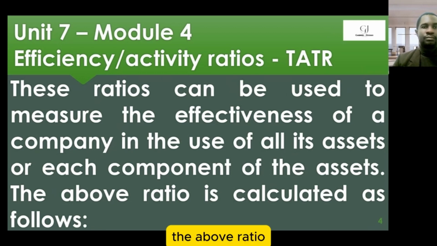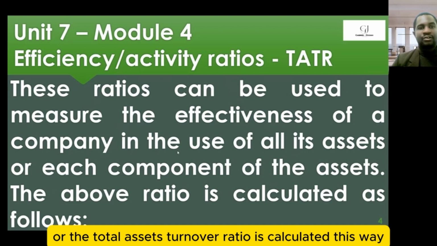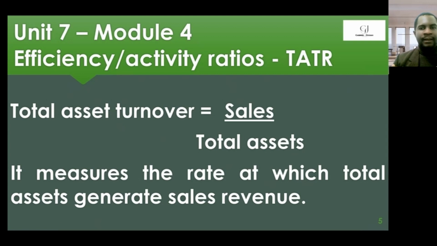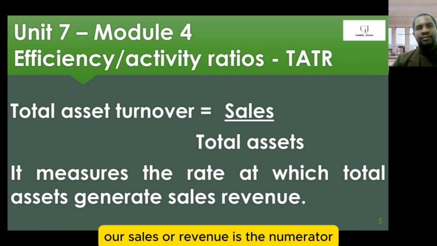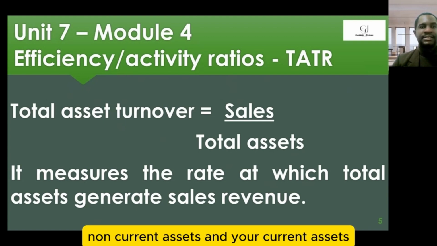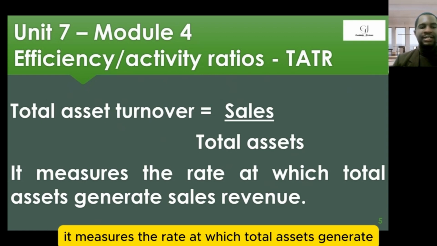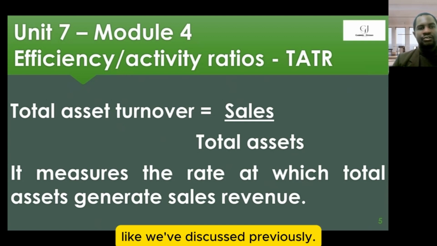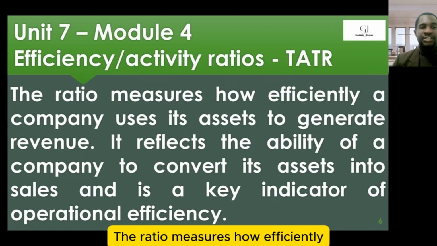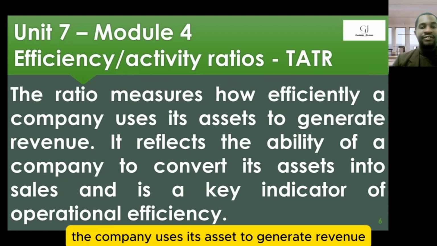The total asset turnover ratio is calculated this way: our sales or revenue is the numerator, divided by our total assets, which is your non-current assets and your current assets. It measures the rate at which total assets generate sales revenue, like we've discussed previously. The ratio measures how efficiently the company uses its assets to generate revenue.